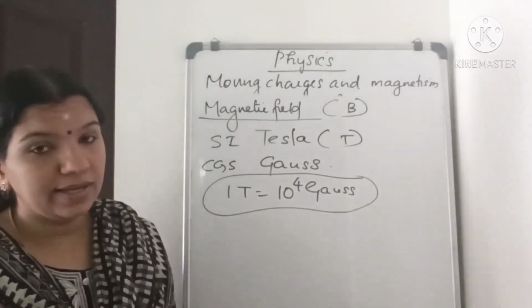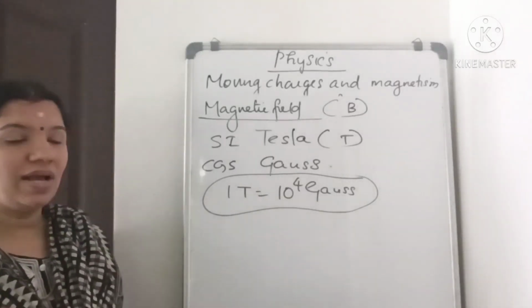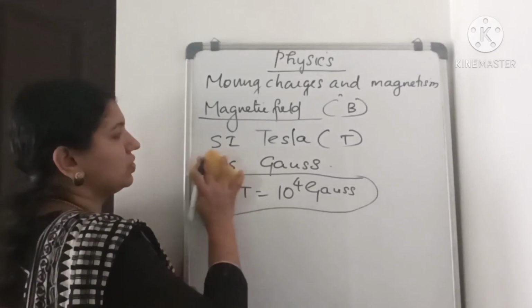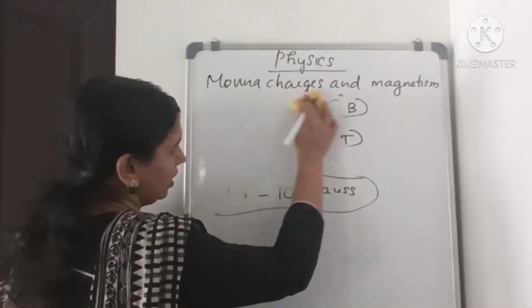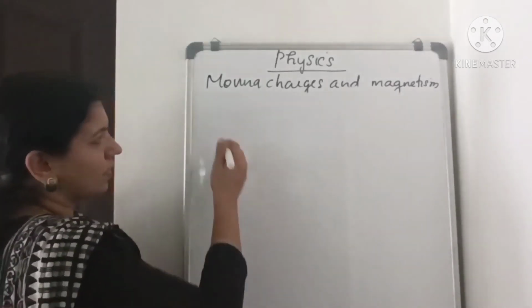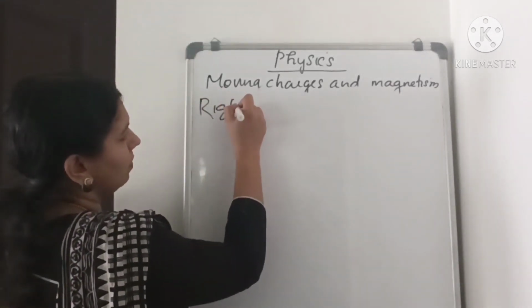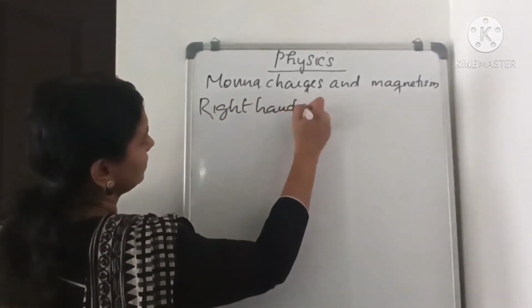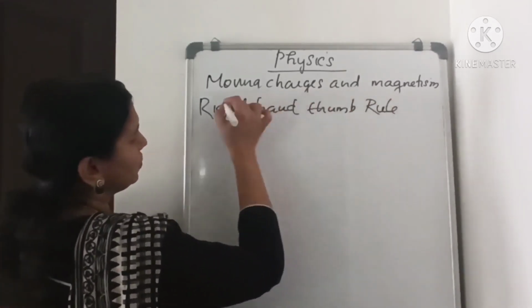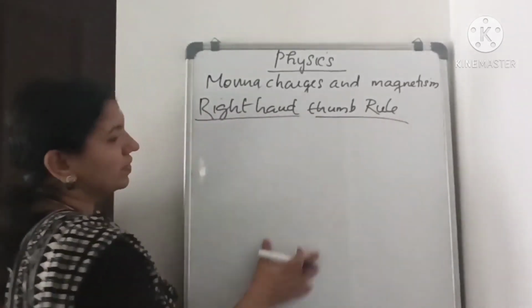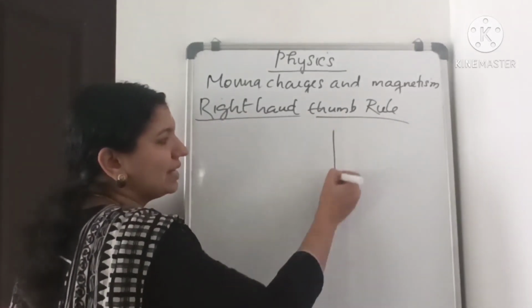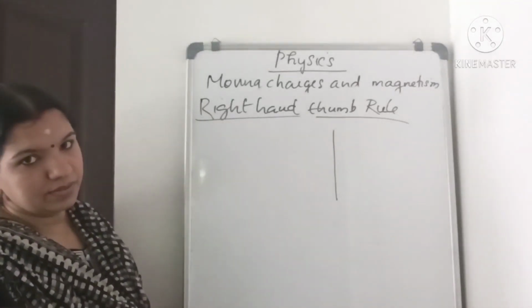Now how to find the direction of magnetic field? You have studied one rule in your 10th standard, the first one, the right hand thumb rule. What is the rule? Are you remembering? Right hand thumb rule. This is the first rule used to give the direction of magnetic field around a straight current carrying conductor.